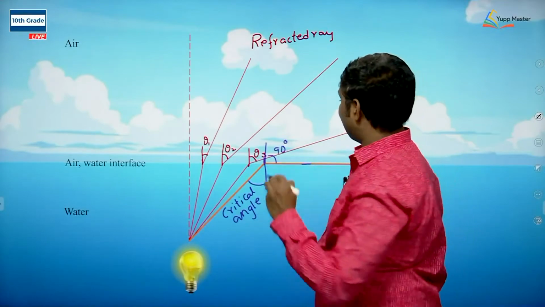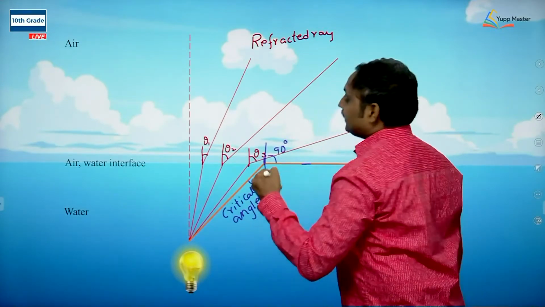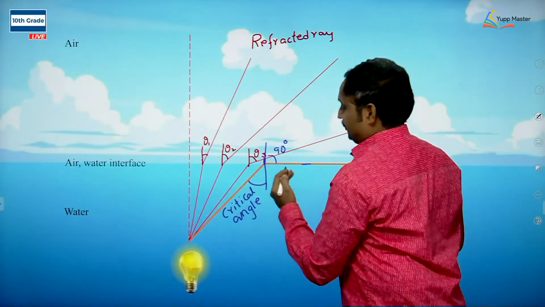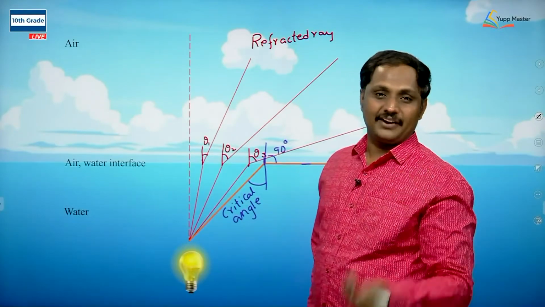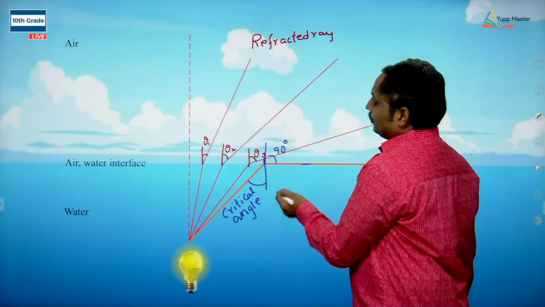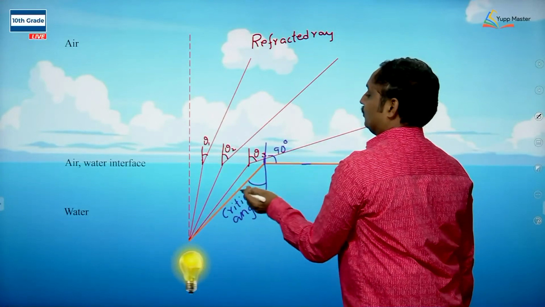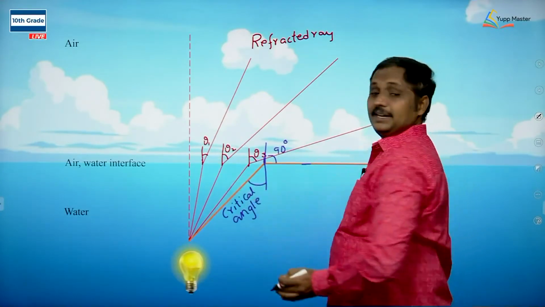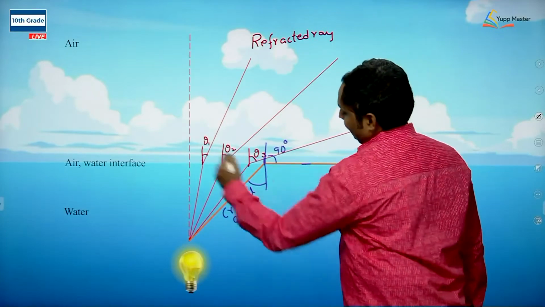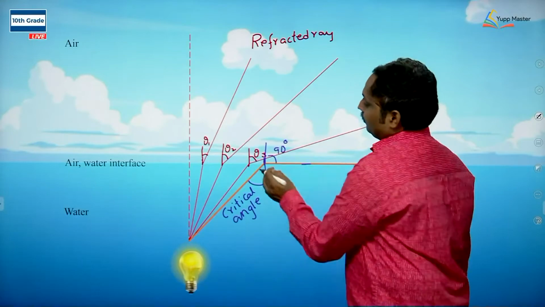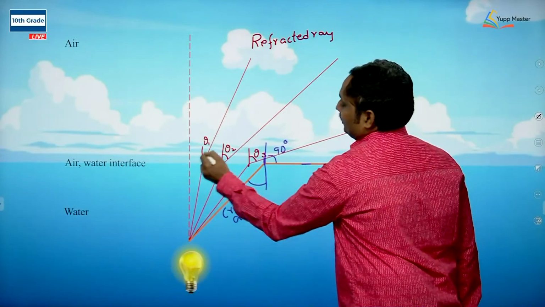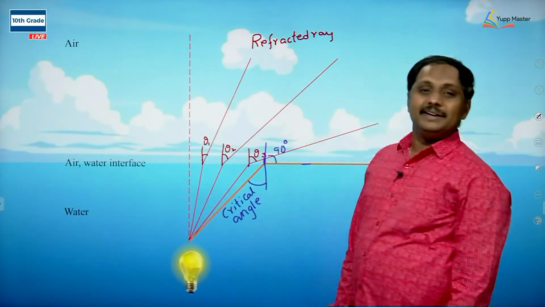The critical angle is the one reference which gives the differentiation between total internal reflection and refraction. If you cross this angle, you incident the ray at an angle less than the critical angle or more than the critical angle. This portion is going to be less than the critical angle.